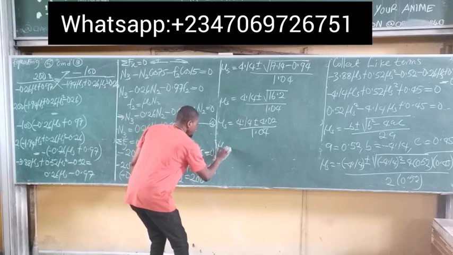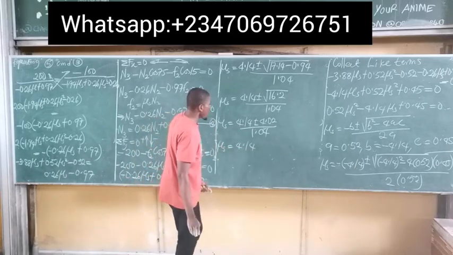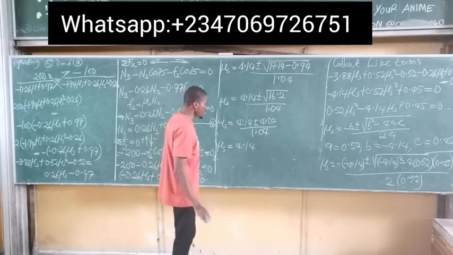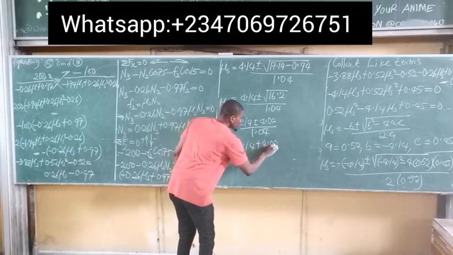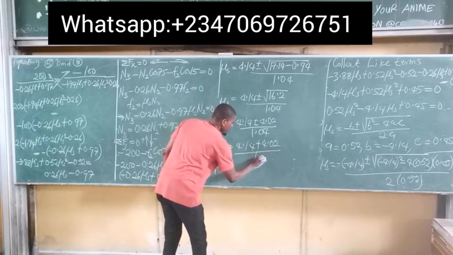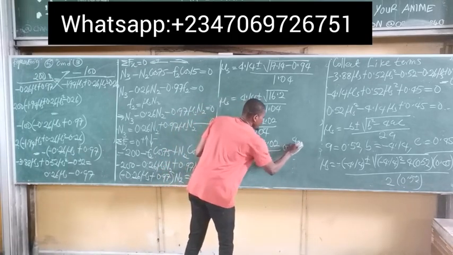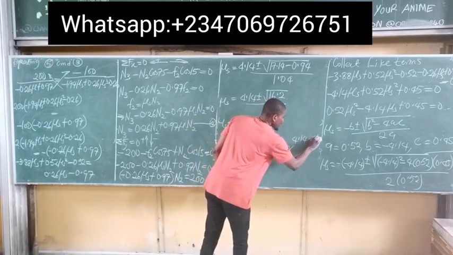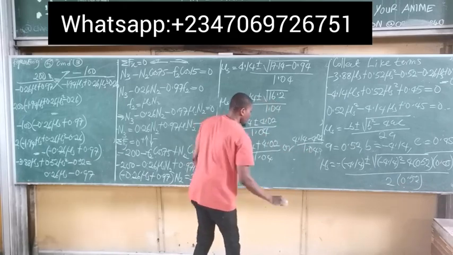Therefore, mu x is equal to 4.14, and we're having plus or minus, so we're having two values. So we test first on the positive axis, plus 4.02 all over 1.04, or mu x will simply be 4.14 minus 4.02 all over 1.04.